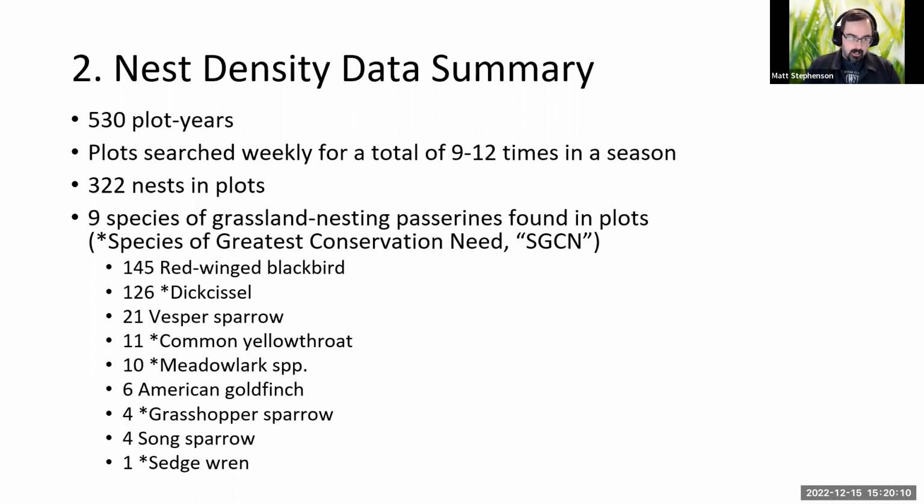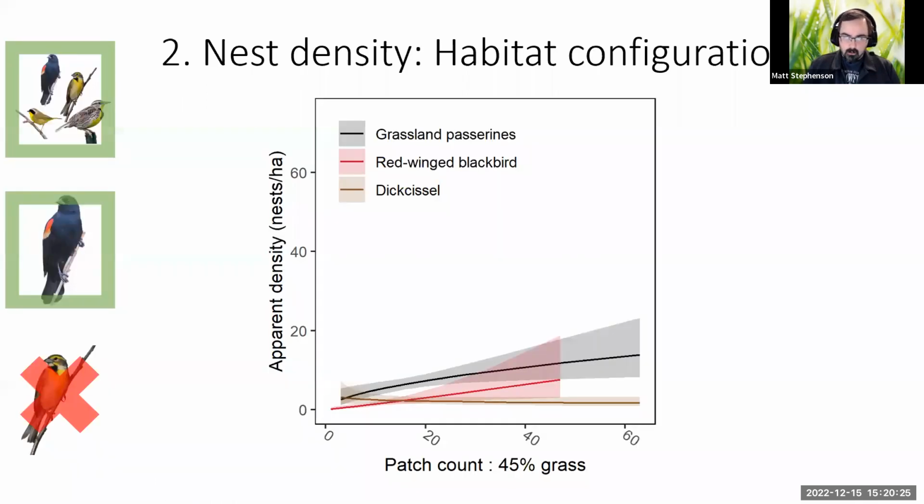And then a handful of 7 other species were found in our search plots. Those denoted with an asterisk are considered species of greatest conservation need by the Iowa DNR.